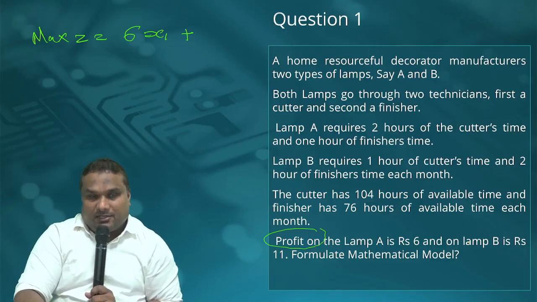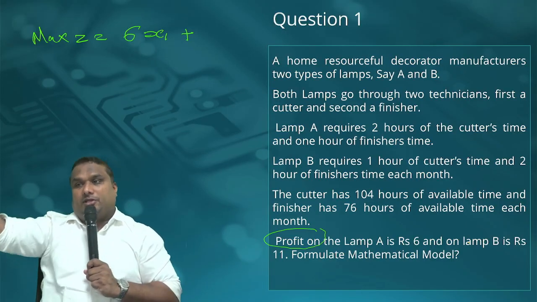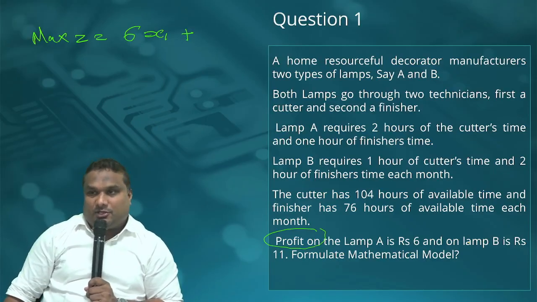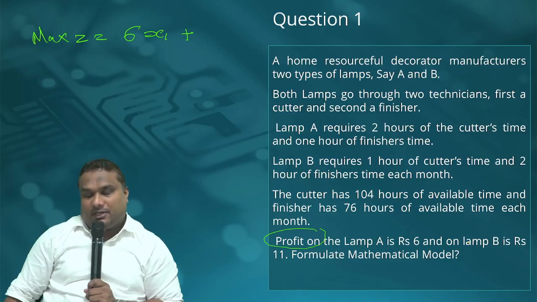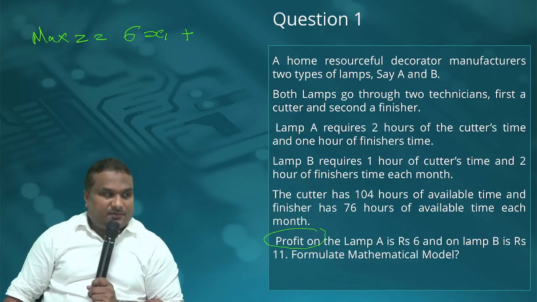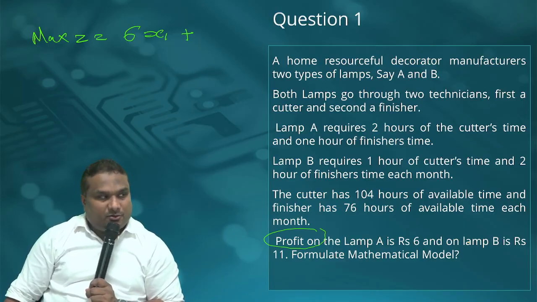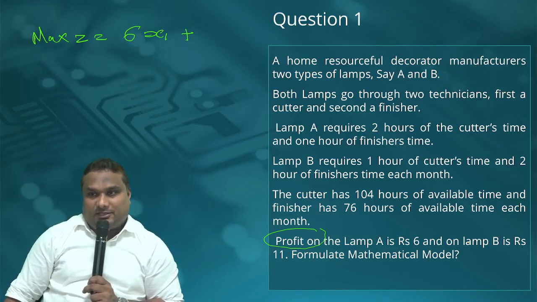For example, if x1 is 20, then the profit will be 20 into 6, 120. If the first item we make is 10, 10 into 6. If 4, 4 into 6. If 0, 6 into 0. You understood? We don't know how many items we are going to make, so the unknown quantity we write as x1.